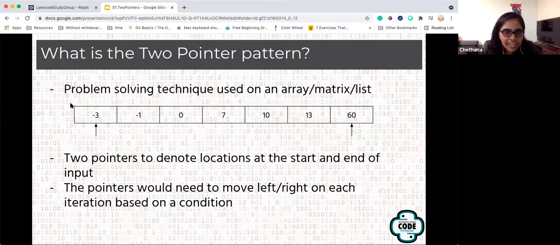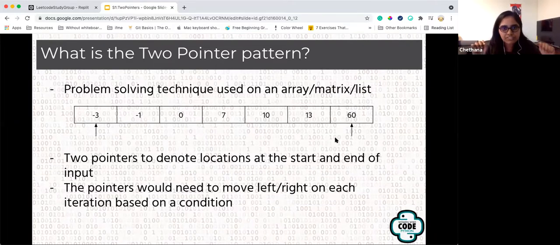Now let's look at this particular input. Look at it closely. When we say two pointers, there are two pointers literally at -3, which is the 0th position, and at 60, at the end of the array, at position 6 or 7.